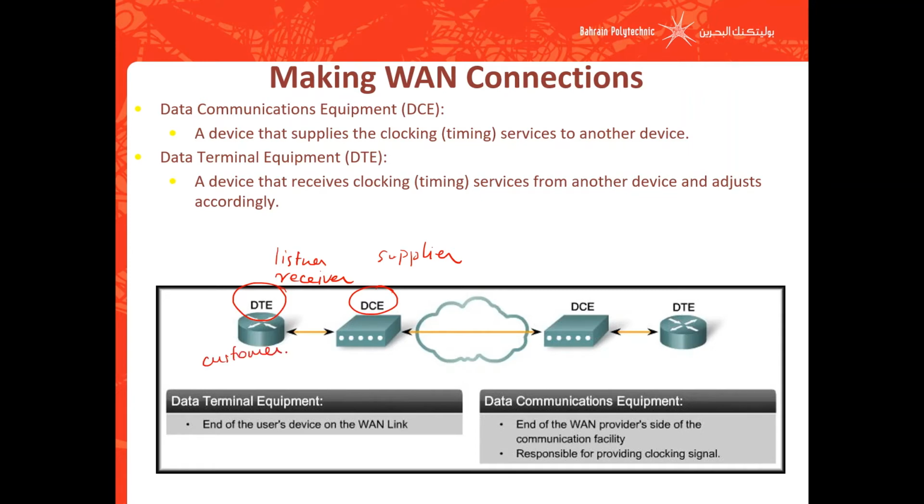So, us as customers, we have the DTE end, and the DCE is basically from the ISP or from the provider. Okay. Just remember, clock time is when the two routers will communicate and when they will stop the communication. So, the timing of when they will communicate and when this communication will end.